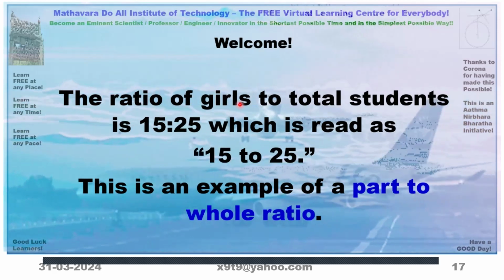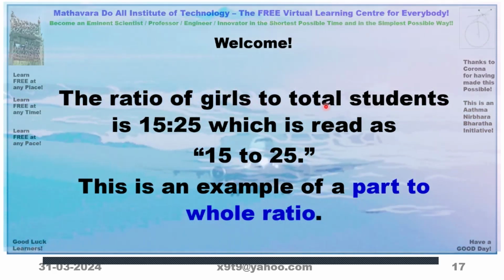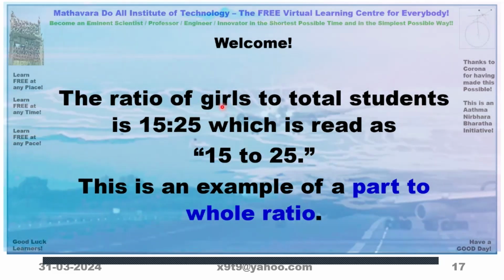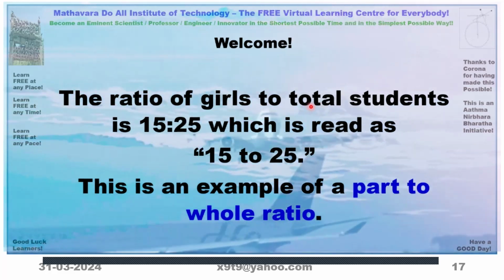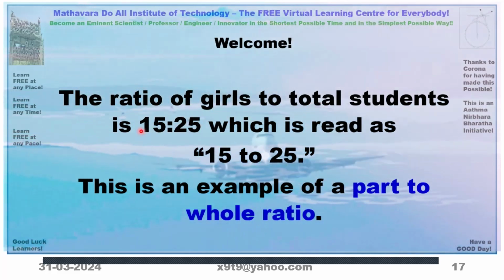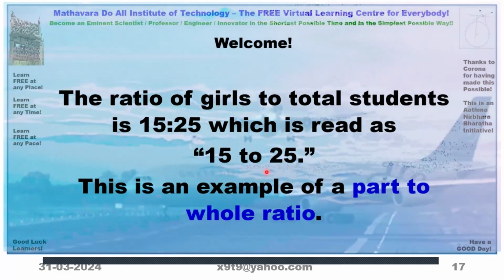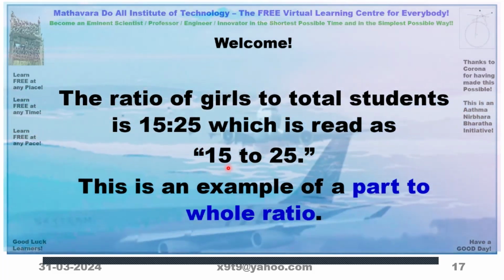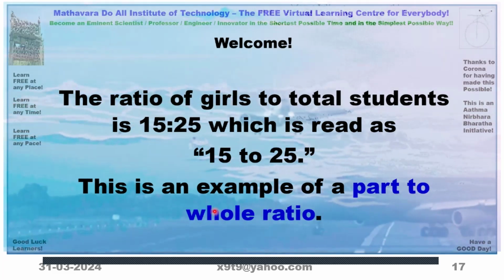Same thing, if we change the order, the ratio of the girls to total students. First the number of girls will come here, that is 15. Then the total will come here. So it is 15:25, which is read as 15 to 25. Here also we are taking one part and the total, so it is called a part-to-whole ratio.